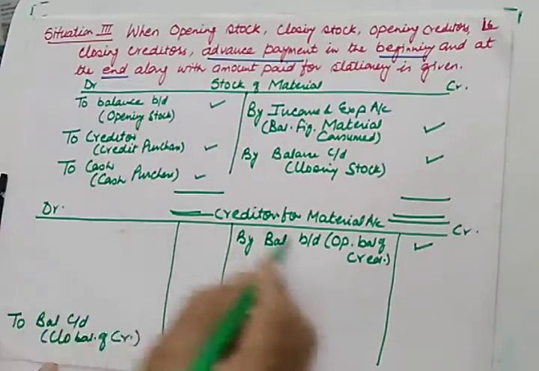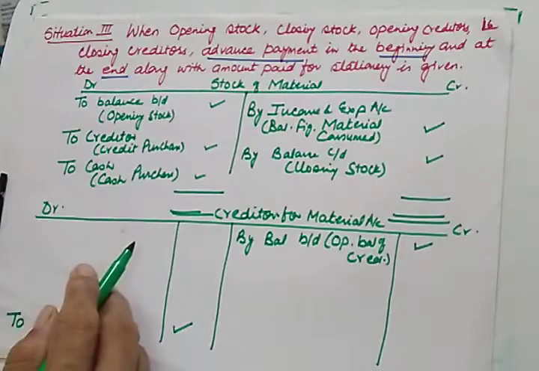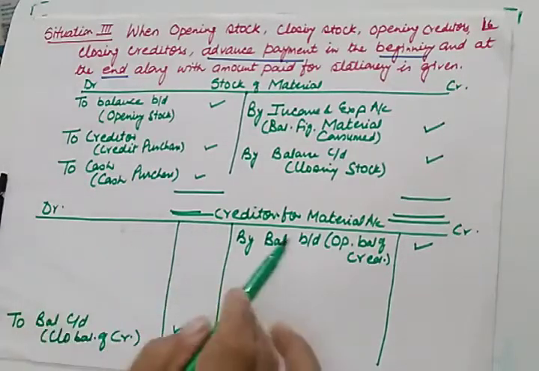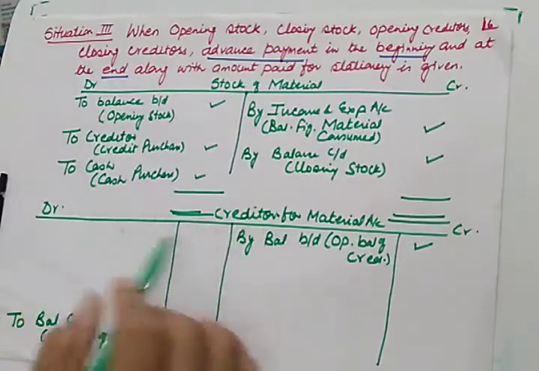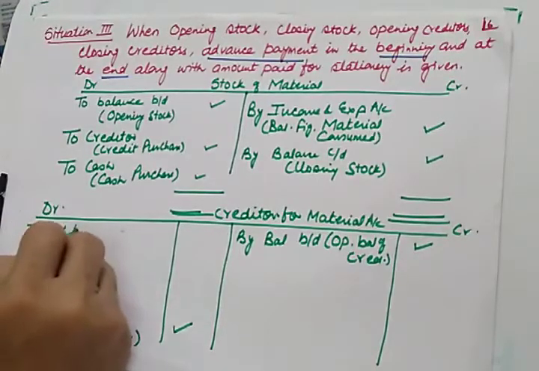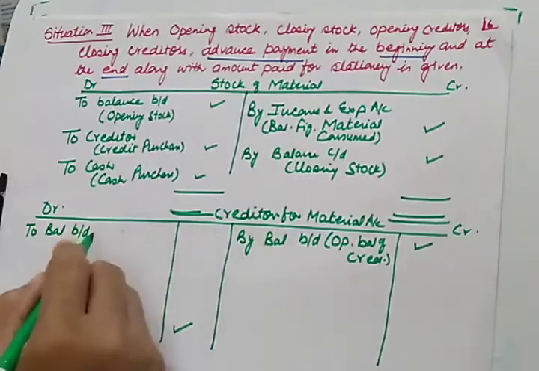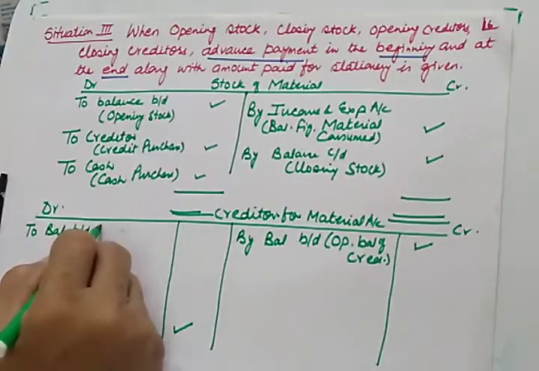And this is also a two-way account. As you have seen in the case of subscription, we wrote balance brought down on both sides. So here also we'll write balance brought down on both sides. If you write balance brought down on the debit side in the creditors account, it means we must have paid some advance.